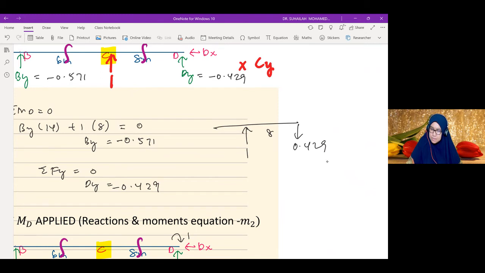This is x minus 8. So M minus 1 times x minus 8, plus 0.429x equal to 0.